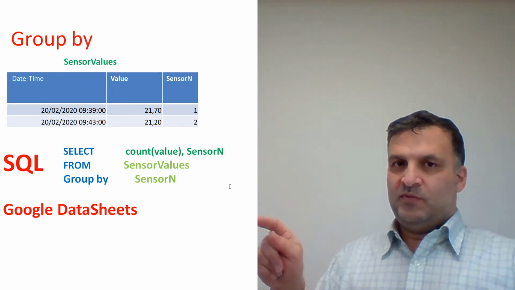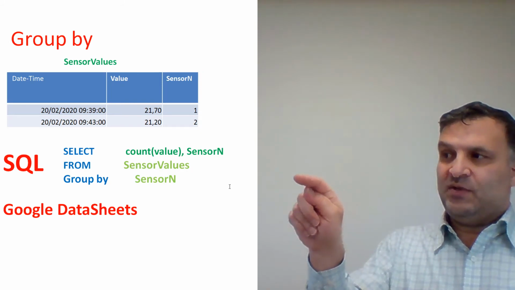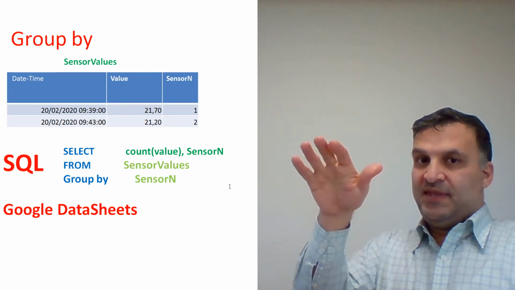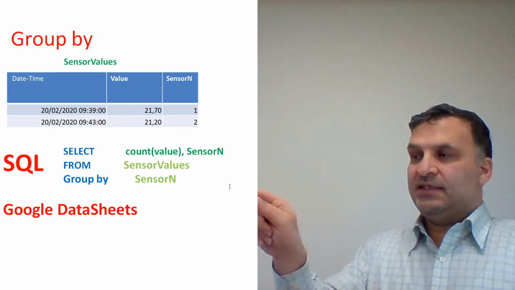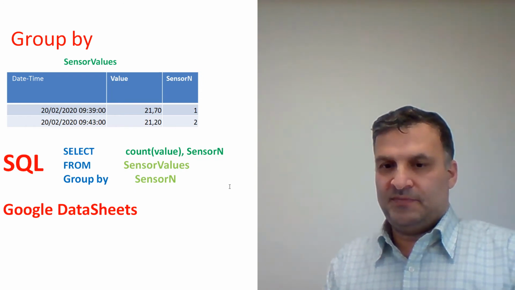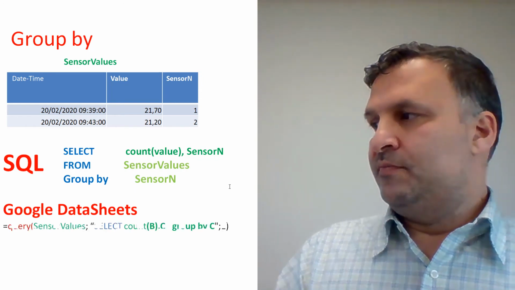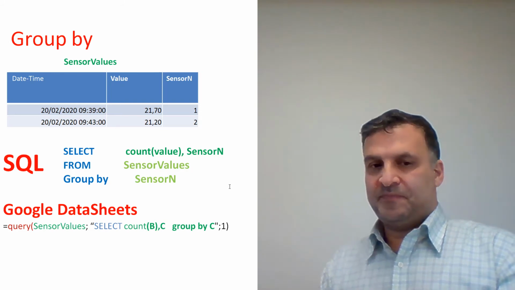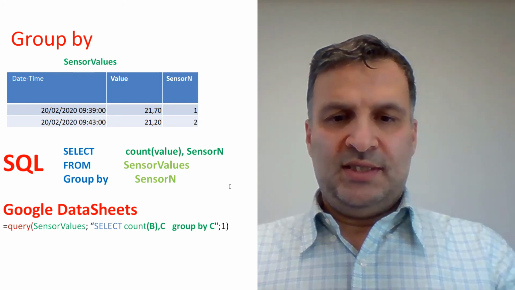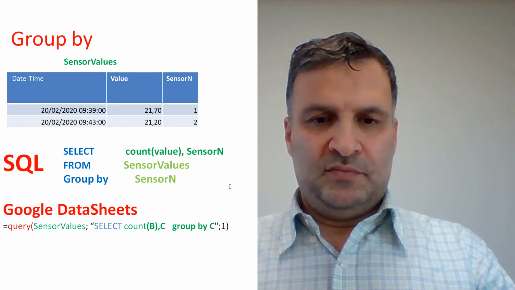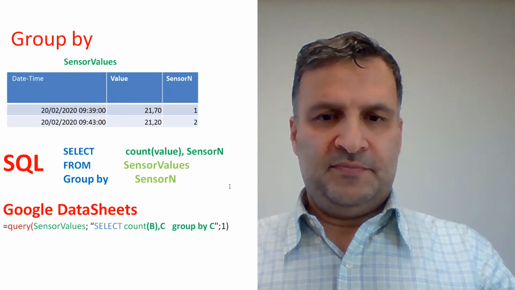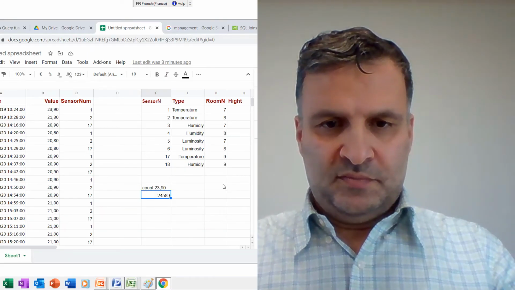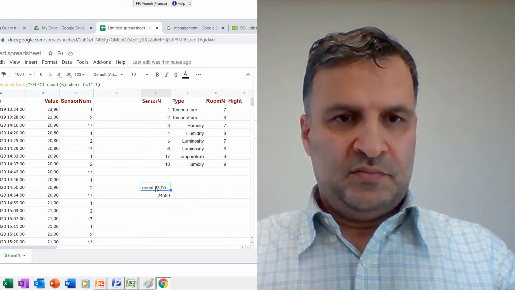And the group, how do we specify that? We said that we will group these values regarding the number of the sensor. It is almost the same thing in Google Sheets.